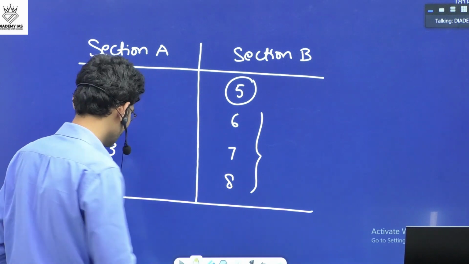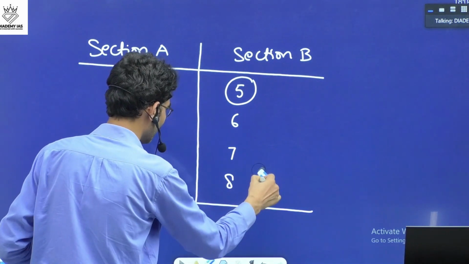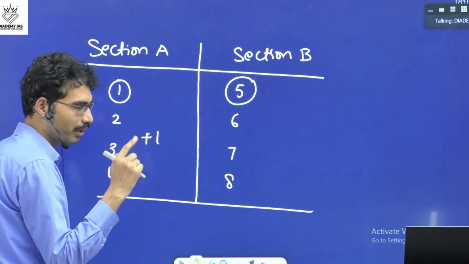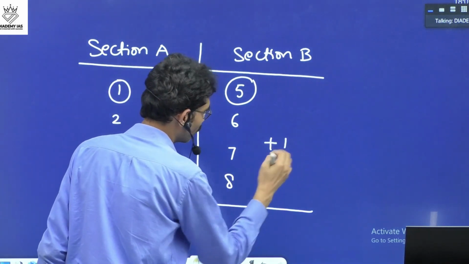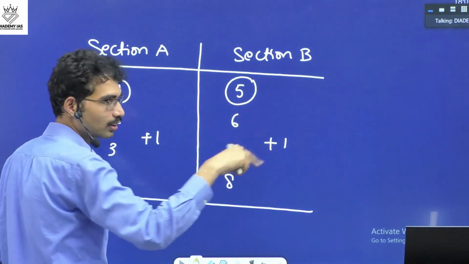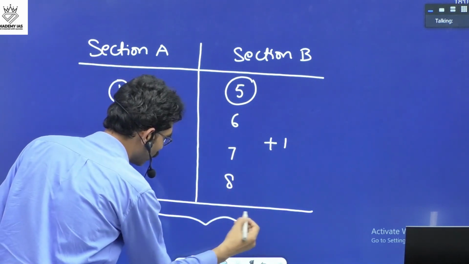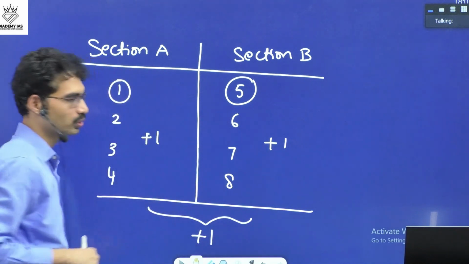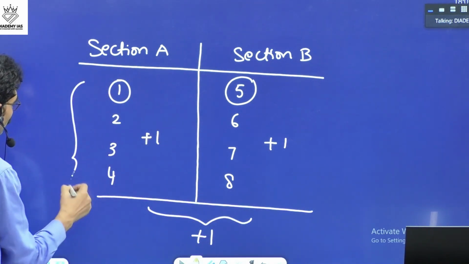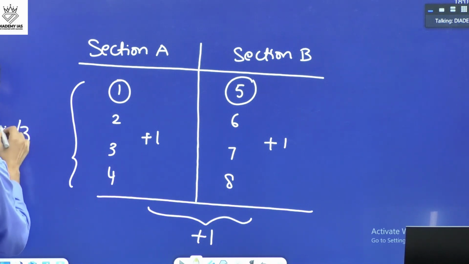So literally, what does it mean? Another 1 question minimum here, another 1 question minimum there, so that makes 1, 2, 3, 4, and out of the remaining, you can choose 1. That means either you choose 3 or 2.